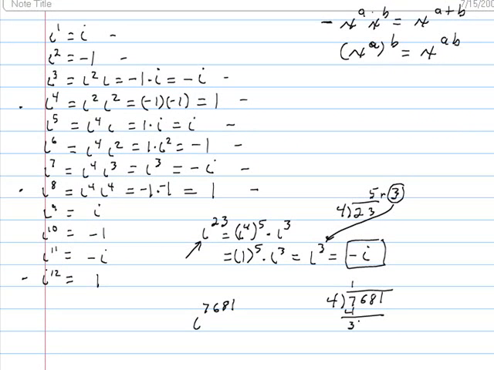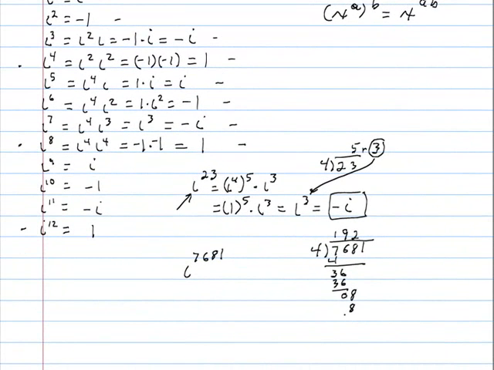Bring down a 3, bring down the 6. 4 goes into 36 9 times evenly. Get 0 for your difference. Bring down an 8. 4 goes into 8 twice evenly. 0, bring down the 1. 4 goes into 1 no times with a remainder of 1. So there's no difference between i to the 7,681 and just i to the remainder, or i to the 1, which is i.